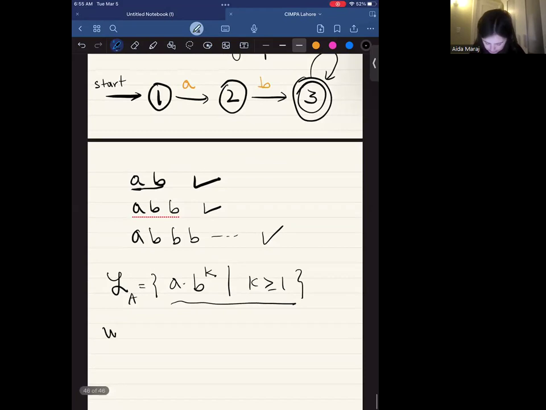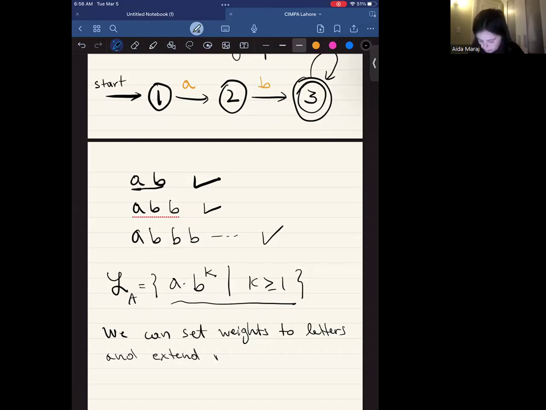We can set weights to letters and extend them multiplicatively to words.